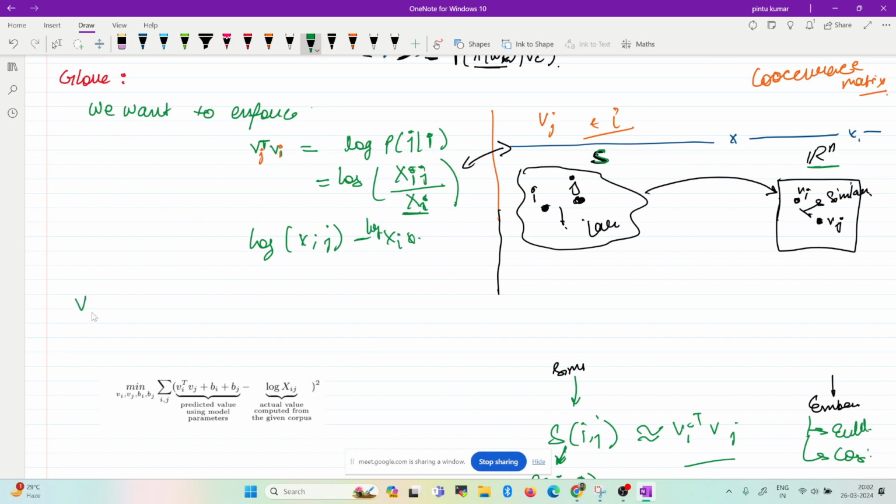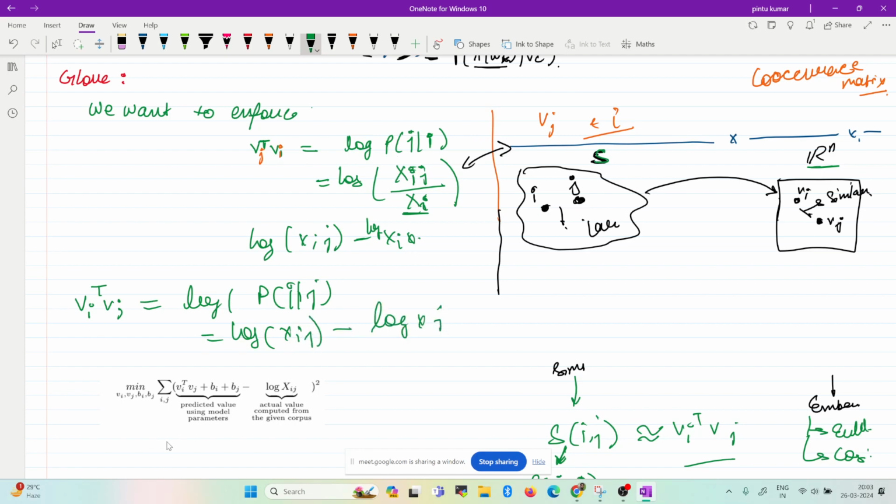And this dot product in the embedded space, Vi transpose Vj and Vj transpose Vi, are the same, right? So this should also be equal to log of P of i given j, right? From here you can obtain log of xij minus log of xj.